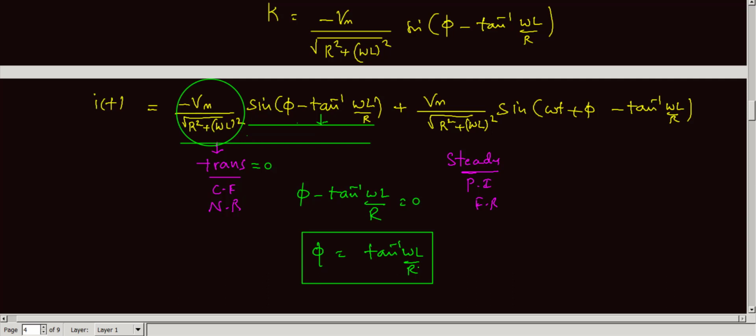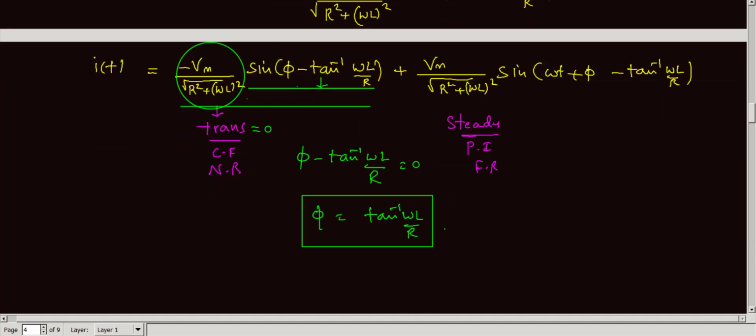For one reason I am taking this lecture: the AC transient free condition is possible when phi equals tan inverse omega L by R. Let's see here.